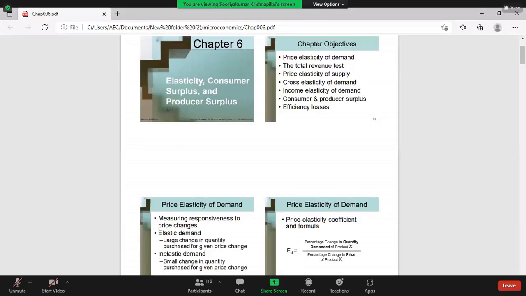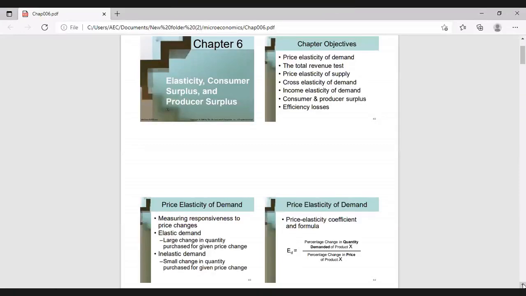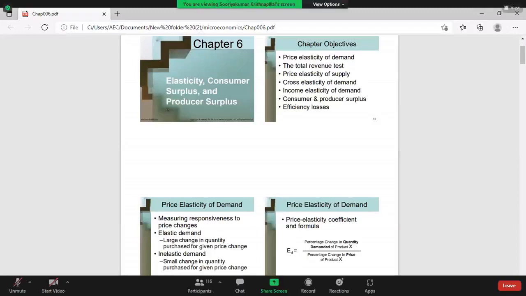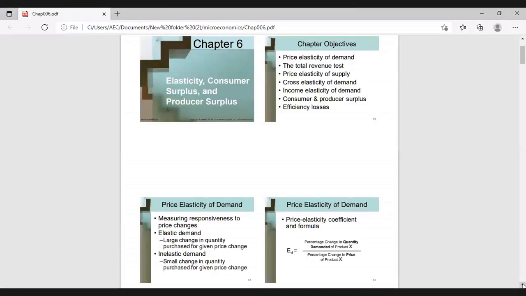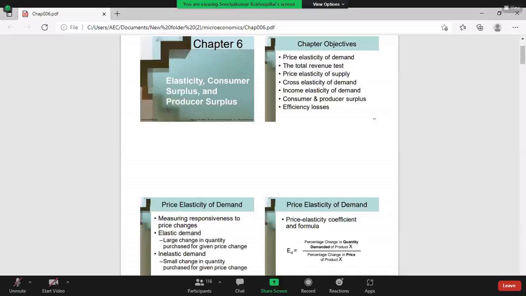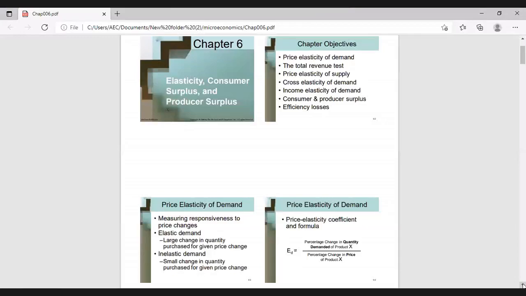Cross price elasticity of demand is when another product's price changes, and the consumer's response in quantity demanded is measured by it. Income elasticity of demand measures the consumer's responsiveness to his or her income change.